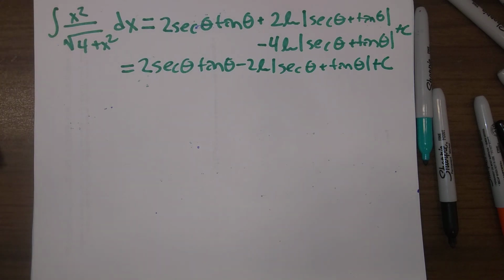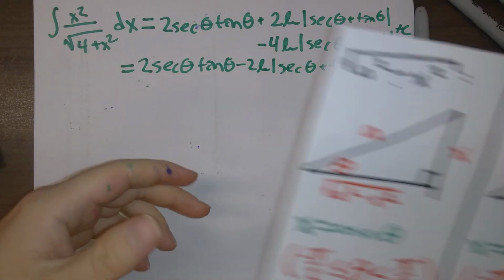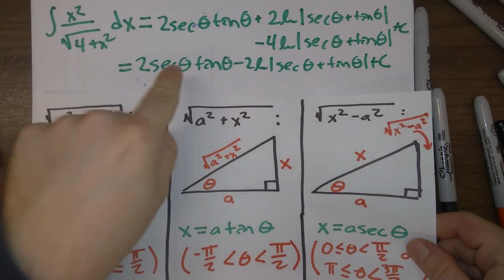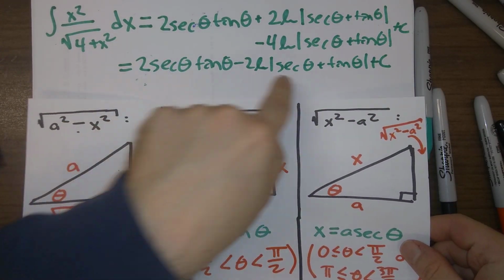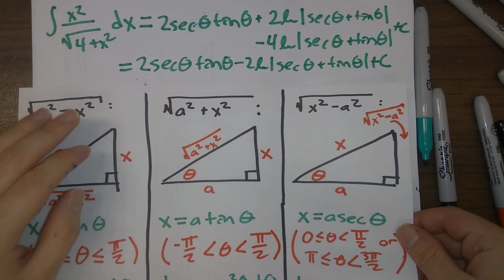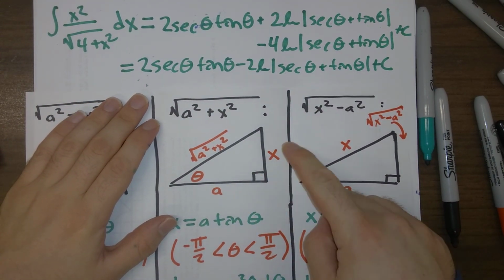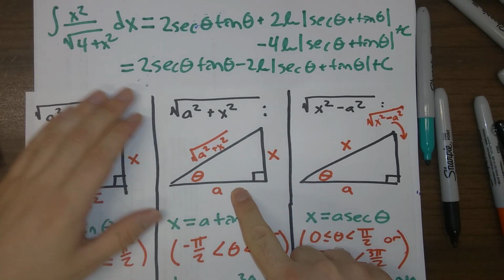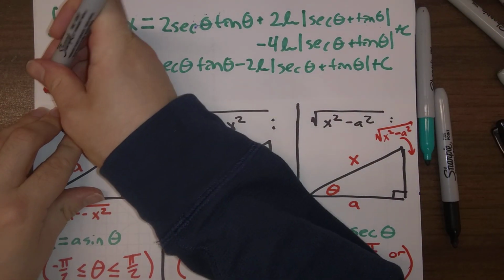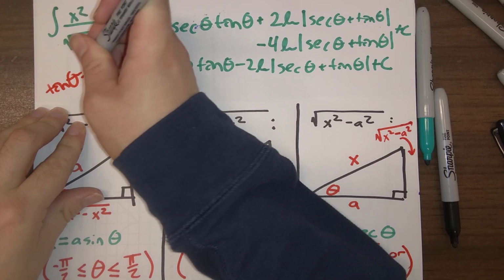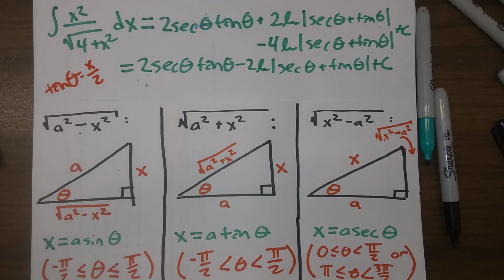Okay, so what's going on here? So now we just have to say, what is tangent theta? What is secant theta? What are those in terms of things that we have from our chart? So tangent theta will be x divided by a, so tangent theta is x divided by 2 here.